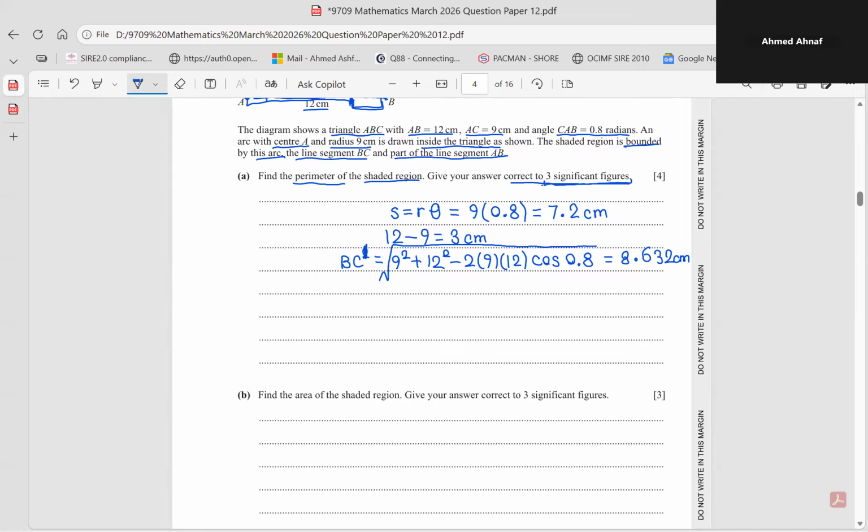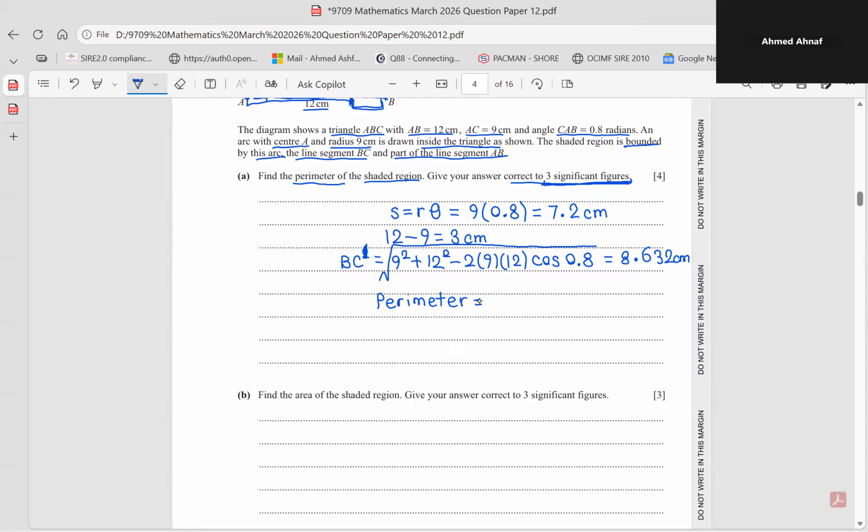So in this case, we need to express the final answer in 3 significant figures, but this is our intermediate answer, so we have to record it to a higher number of significant figures, like 4 or 5, okay? So here I expressed it in 4 SF. So just keep that in mind. Otherwise, you would run into this thing called the rounding error, okay? So yeah, enough talking. Let's just find the perimeter.